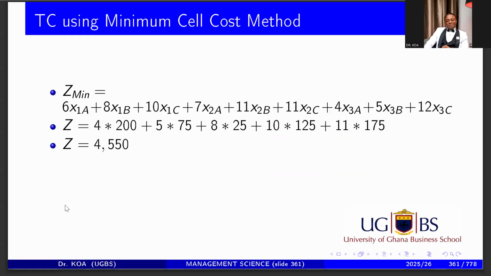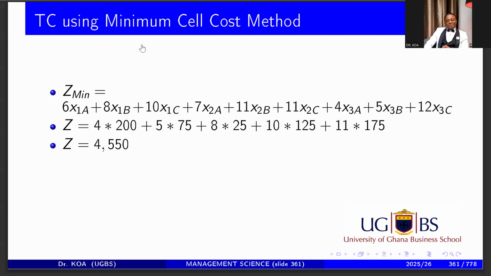You get 4,550. Is this more than or less than the previous one? It's less. Good or bad news? Good news. So the minimum cell cost approach is better. It gives a lower cost than the northwest corner rule.